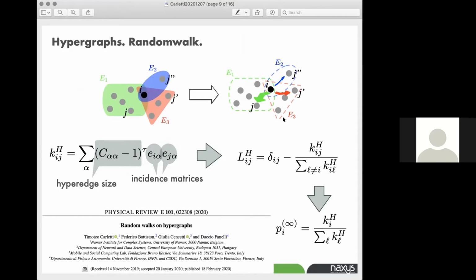So in this framework, you can think that knowledge among the authors spreads faster, or better, as a function of the size of the hyperedge. Thus we define K_ij, the rate at which the agent jumps from node i to j, to depend on two quantities at the same time: the size, C_alpha alpha, and the number of shared hyperedges, through the incidence matrices E_i alpha and E_j alpha.